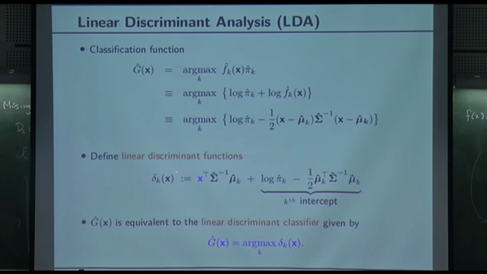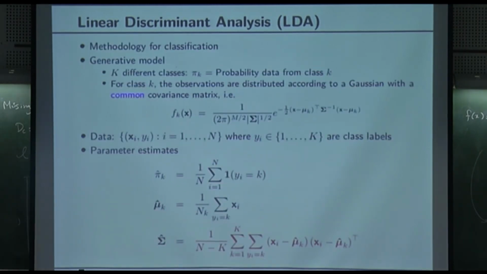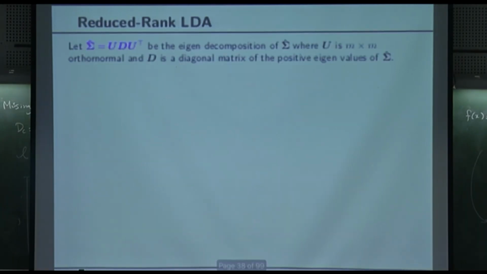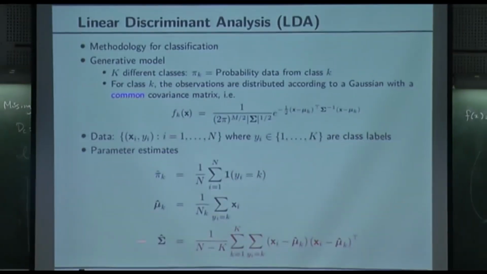I take this linear function of x, find the value of k that maximizes it. That is the classification that I'll be using. Background story: once you start with Gaussian, you estimate the parameters, and all of this just falls through.